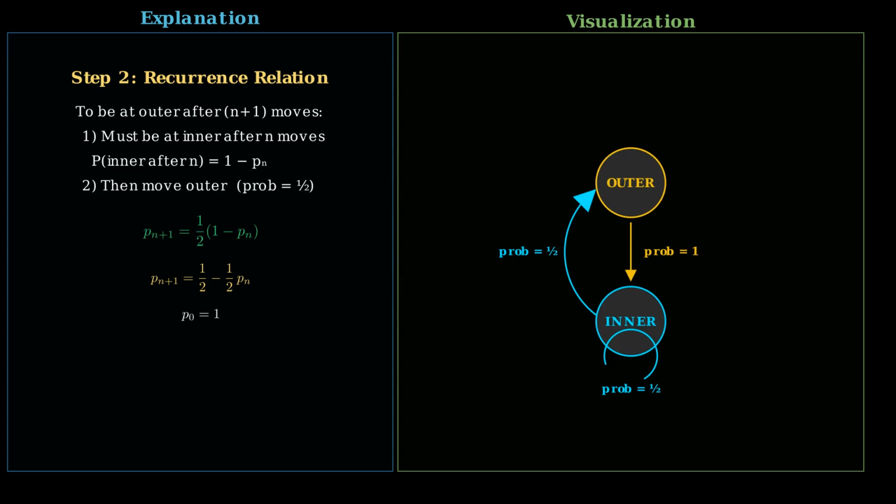The factor 1 - P_n is the probability of being at an inner point after n moves. The 1/2 comes from the probability of moving from inner to outer. Let's rewrite this as P_{n+1} = 1/2 - 1/2 P_n.